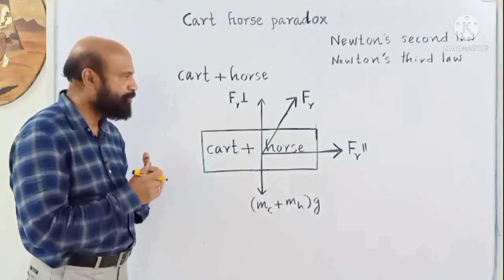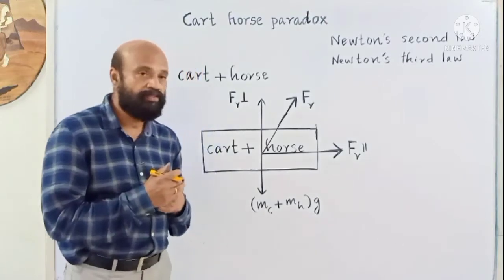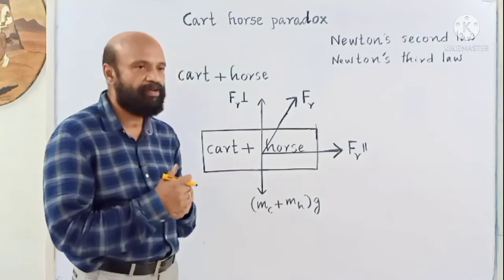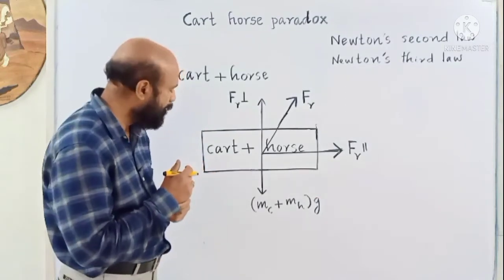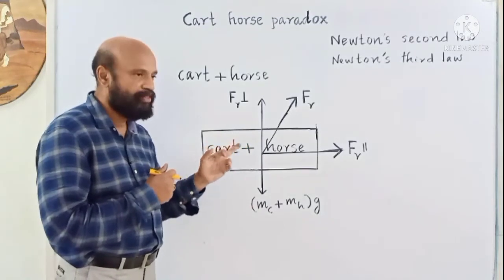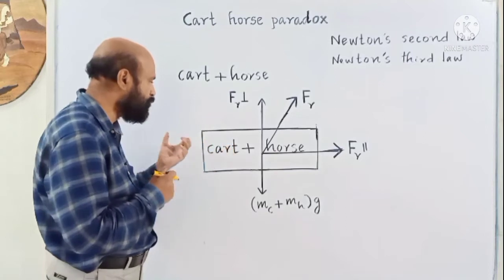Then we have to identify the forces acting on the system. Only an external force acting on the system can produce acceleration. Now, the hose is pulling the cart in the forward direction, and the cart is pulling the hose in the backward direction.